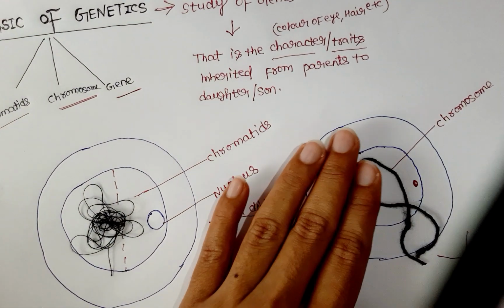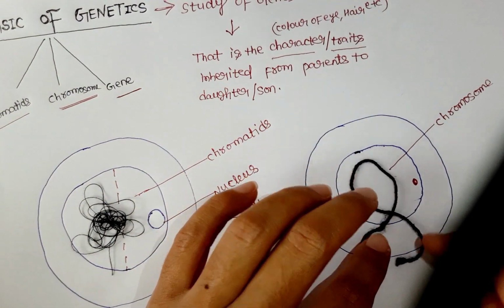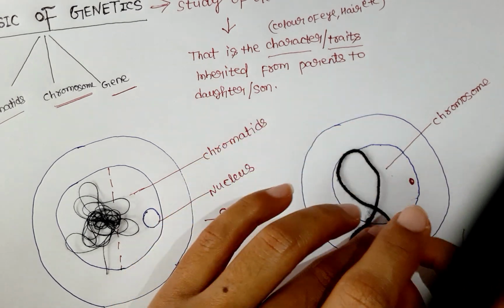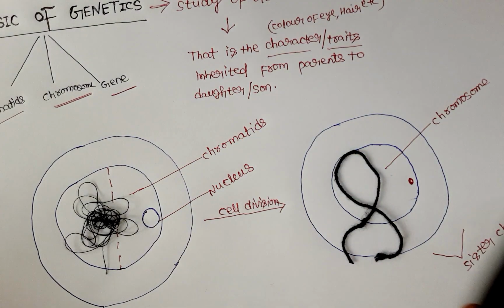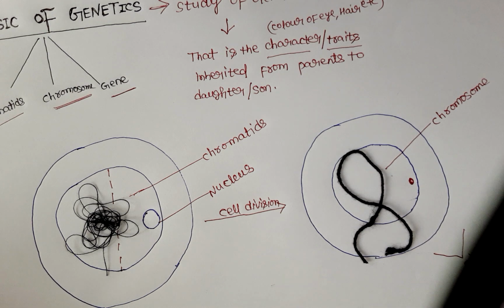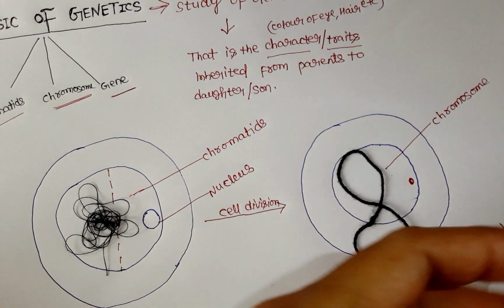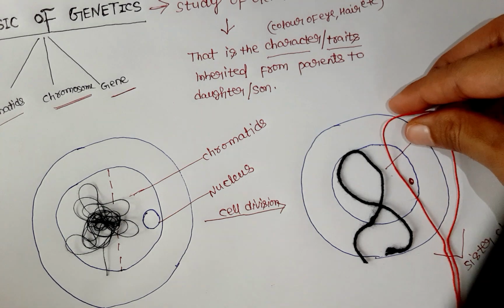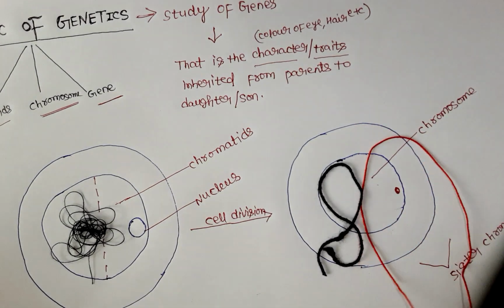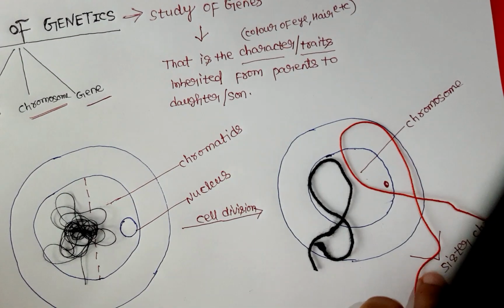So this is one sister chromatid pair. Let's draw one pair also. This is one pair, and this is another pair.